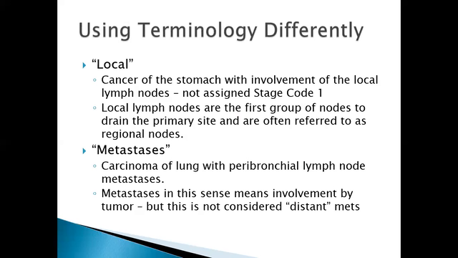It can be stated that there is metastatic disease in the regional lymph nodes since the cancer has spread to those lymph nodes. However, that does not mean that the patient has distant metastases, okay? So it is very important to understand that terminology can be used in different ways, and we must pay close attention to the information within the medical record, all the different documentations, and not just what is stated in the summary by a physician.